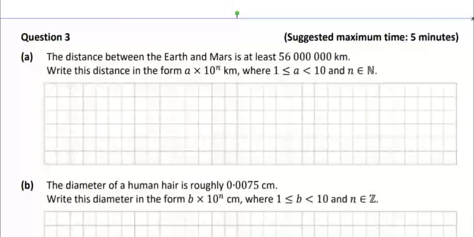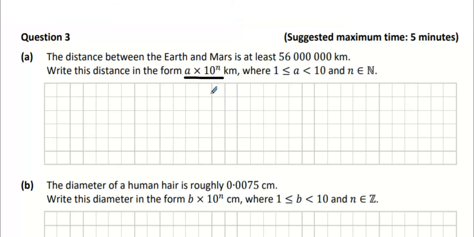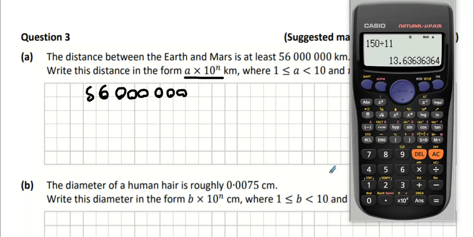Okay, let's move on. The distance between Earth and Mars is at least 56,000 kilometers. Write this distance in scientific notation. Well, there's 2 ways of doing this, guys. The first way is to keep dividing the number you're given by 10 and count how many times you need to divide it by 10.